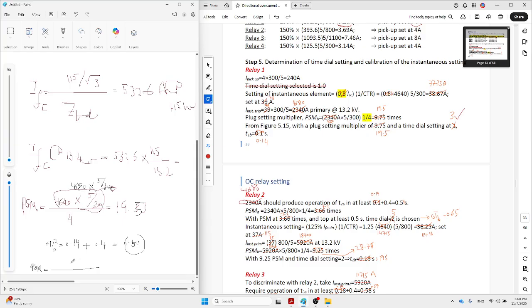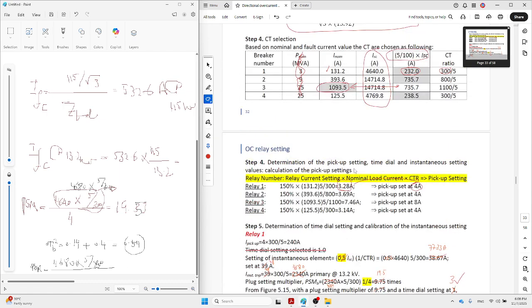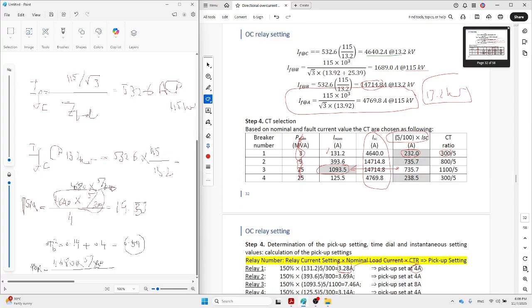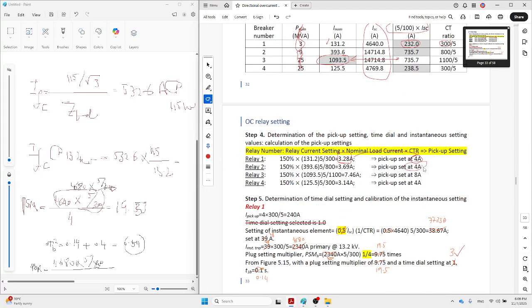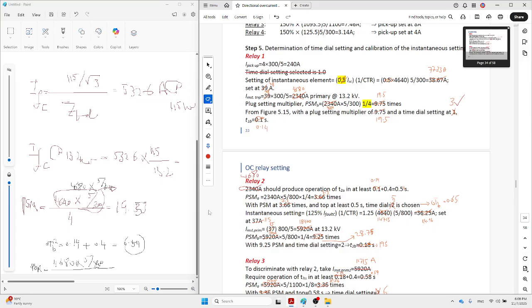Again, we should calculate the fault current here. The fault current here is 4680 times the CT. The CT is 5 over 800, correct, divided by 1 over 4, which is this one. 1 over 4, where are you? Is this 4? Yeah, 1 over 4.